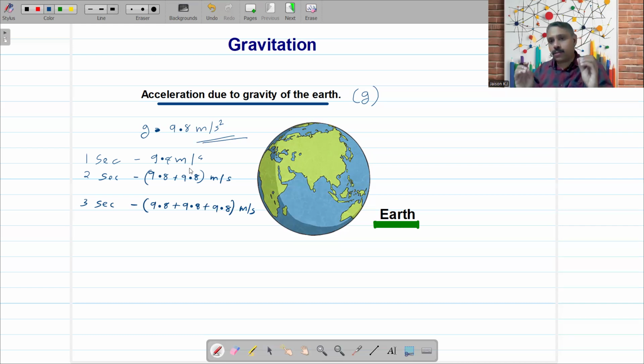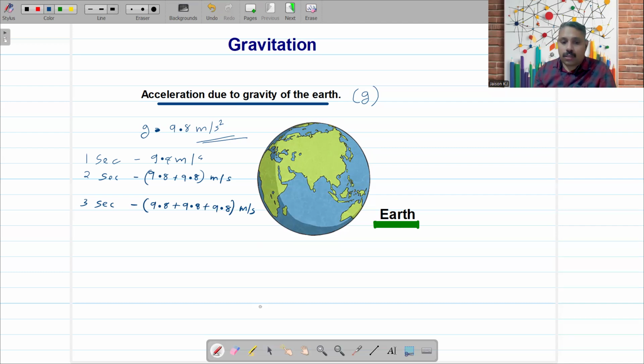Very simple. It is the acceleration experienced by a body when it freely falls down towards the Earth. So that acceleration is due to gravity. That is why we call it acceleration due to gravity of Earth. Okay, I hope everybody understood.